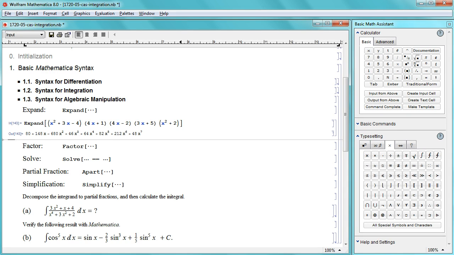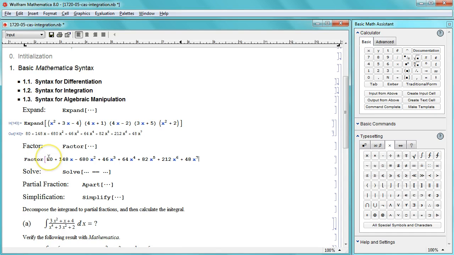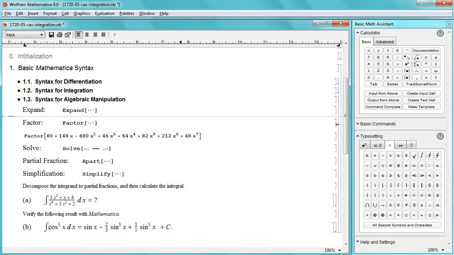An even more useful command is the Factor command we have here. Factor, and then you just put in the appropriate expression. Well, we just expanded something, so why don't we just factor the polynomial we have over there? Factor, and then let's just copy and paste that thing. And okay, I don't need this anymore.